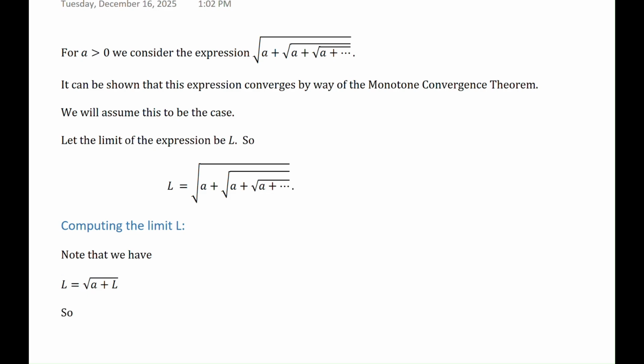So what? So L squared is equal to A plus L, i.e. L squared minus L minus A equals 0. We can solve this by way of the quadratic formula, of course.